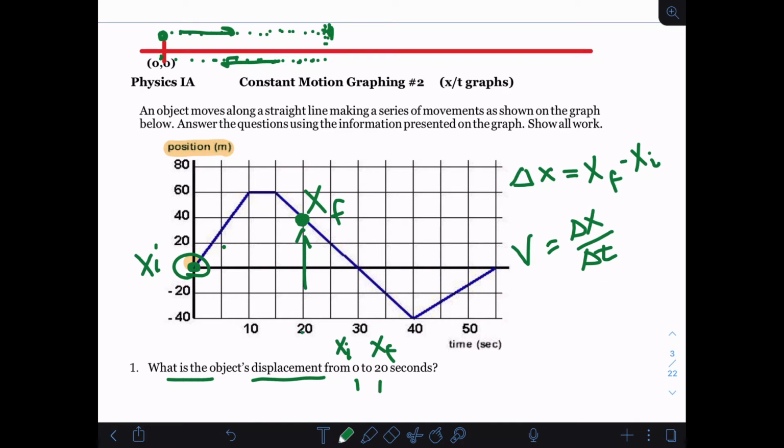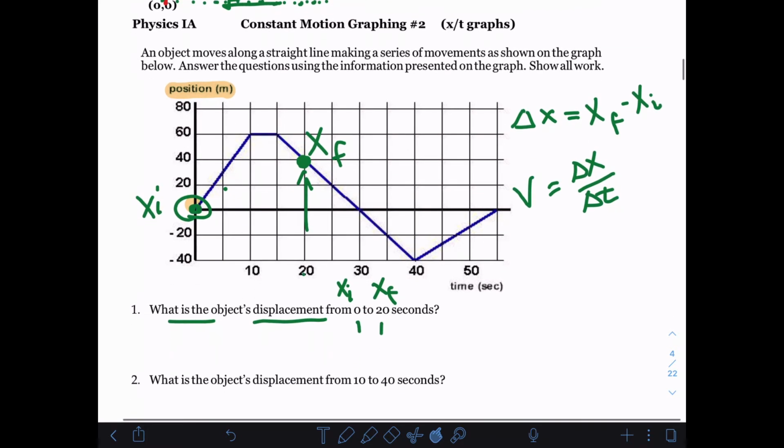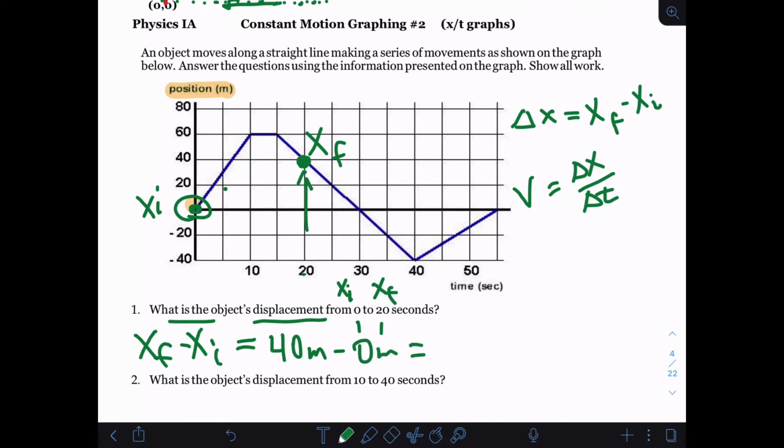So the displacement equation would tell us that if we take x final minus x initial, we will get the overall displacement of this object. We're located at a final position of 40 meters. We start at 0 meters. So we have displaced 40 meters in the positive direction from where we started.